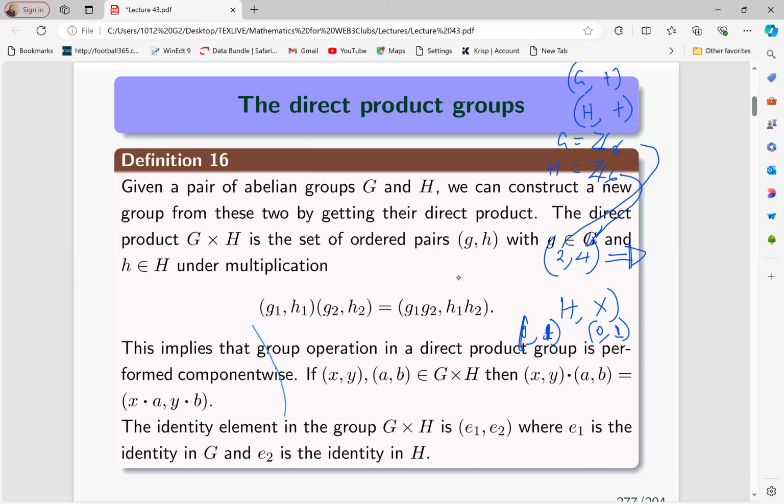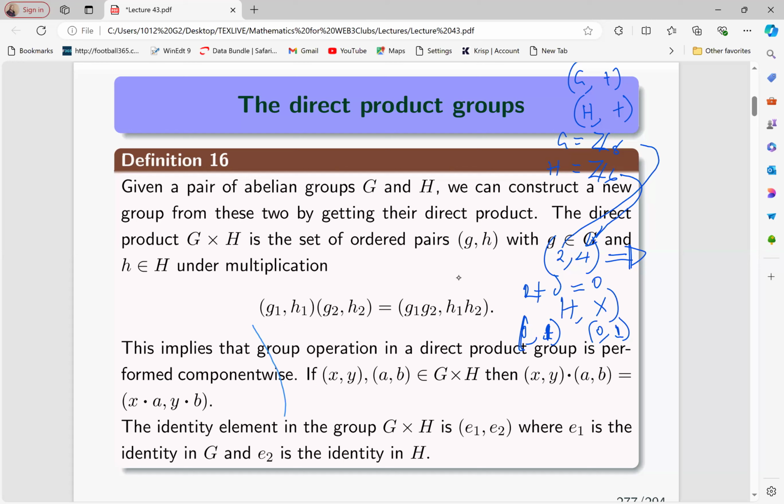And we know how to get the inverses. The inverse of 2, you see this is an additive group. The inverse of 2 in Z8 is an element, let me call it d, such that 2 plus d gives us the identity 0. That's the inverse. So that means the inverse of 2 in Z8 is 6.